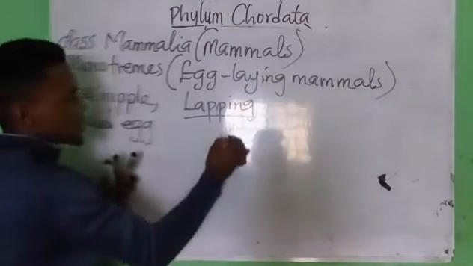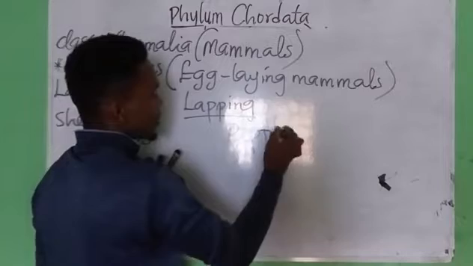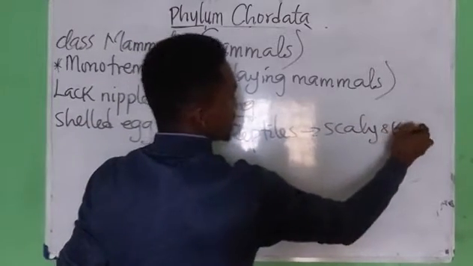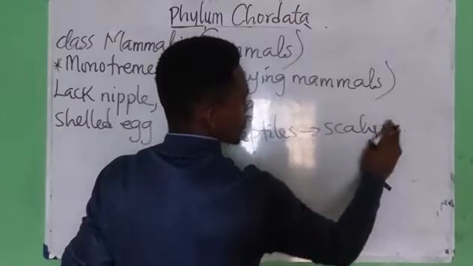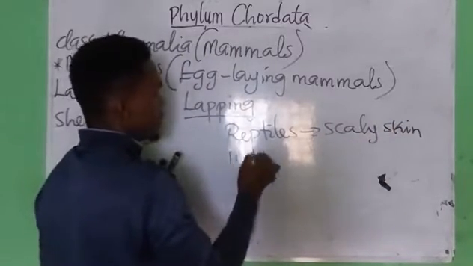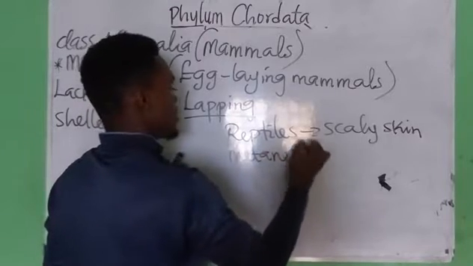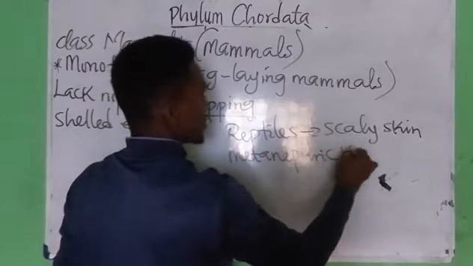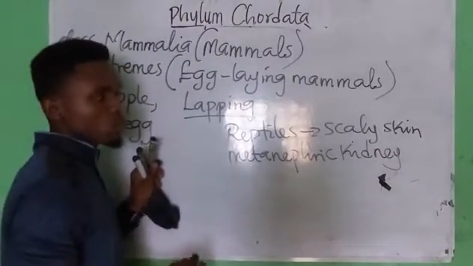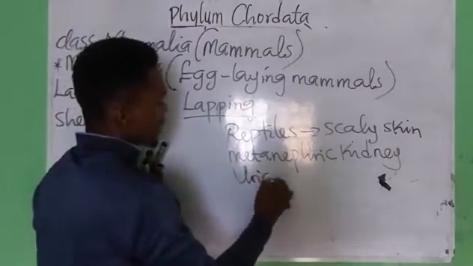Reptiles, please take notes. Reptiles have scaly skin, and they have a metanephric kidney for excretion, and their major nitrogenous waste is uric acid.